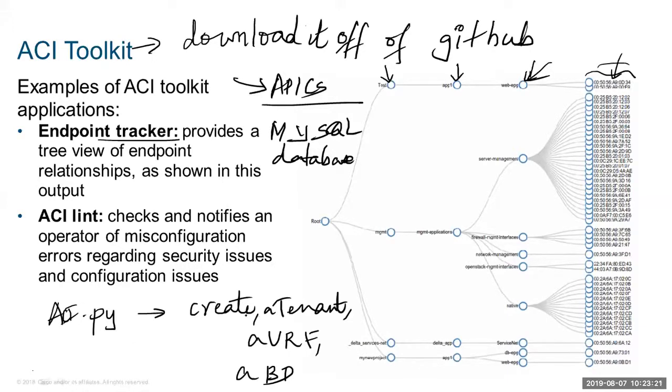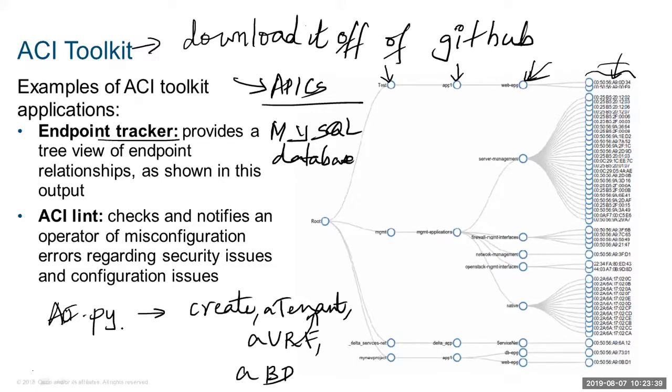The first creates the tenant. Every time you create a VRF, you're going to specify in which tenant. That makes sense, because if you look at the GUI, you're going inside a tenant to create a VRF.